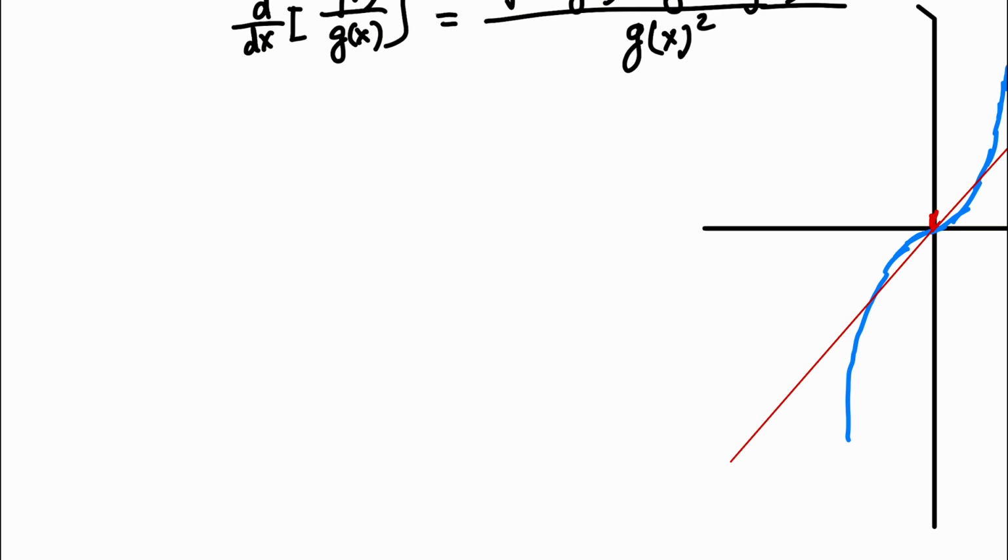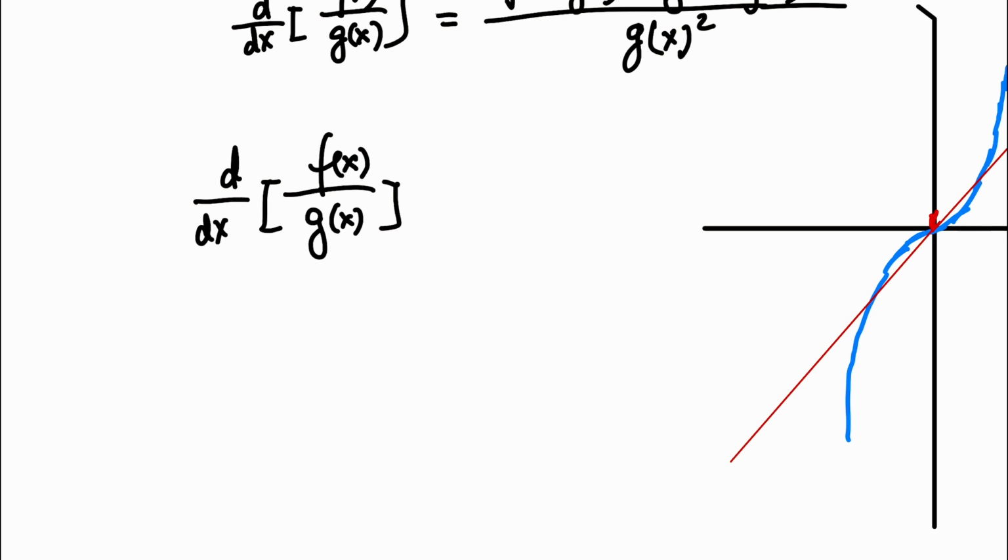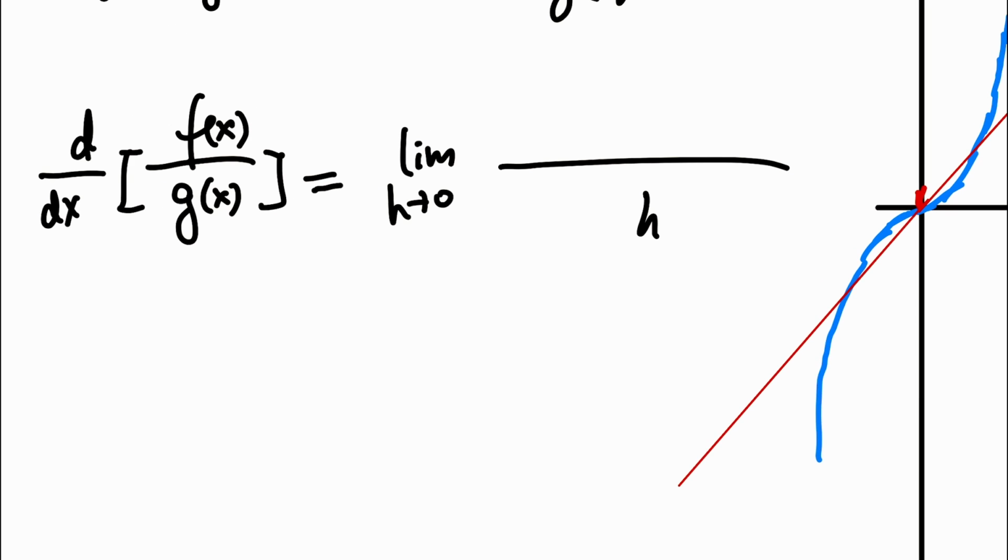So if we want to take the derivative of f of x over g of x, that is equal to the limit as h approaches 0 of this, with h as denominator and f of x plus h over g of x plus h.